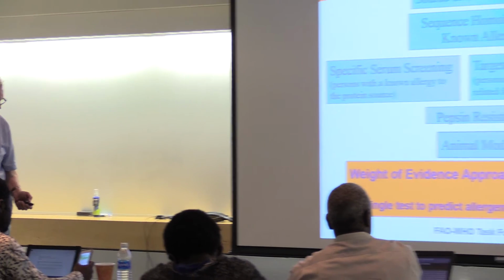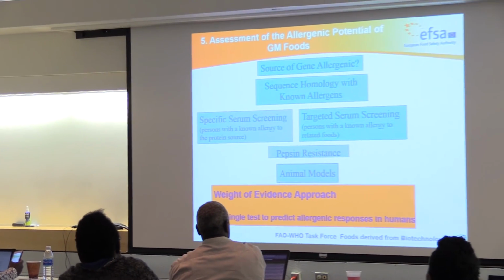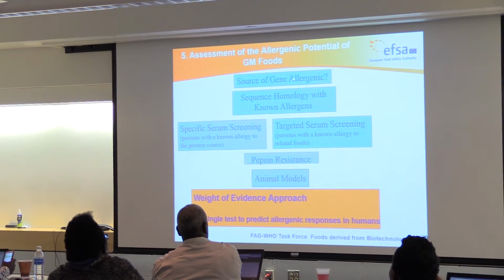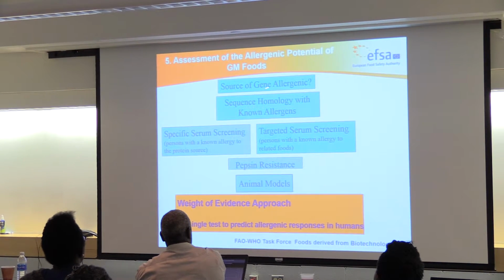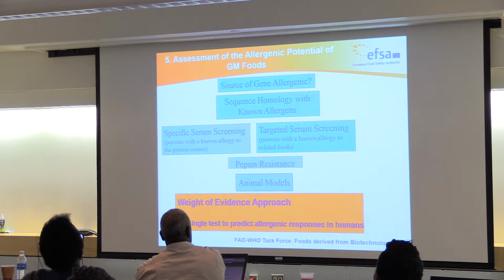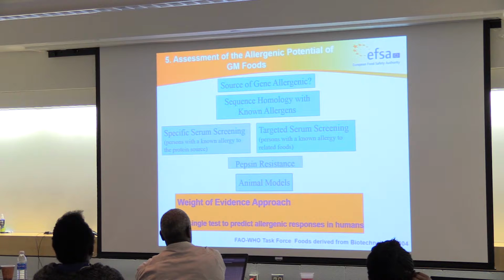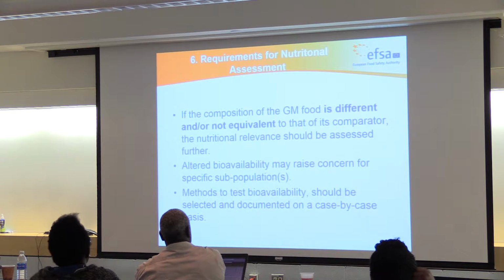Well, this is a scheme, it's the weight of evidence approach developed by FAO, WHO, and this describes the whole thing. The characterization of the source of the gene, is that allergenic, a sequence homology, and what have you. It's all described there. But Rick comes back to that tomorrow.